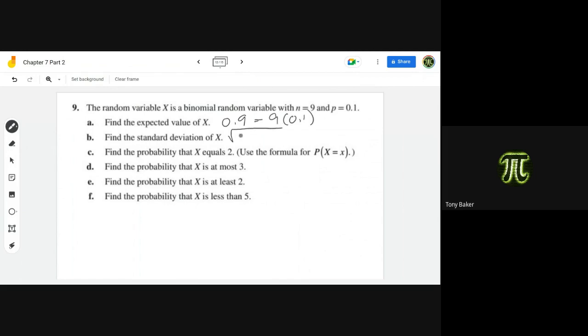That's the square root of 9 times 0.1 times point what? Yeah, remember those two have to add up to 1.